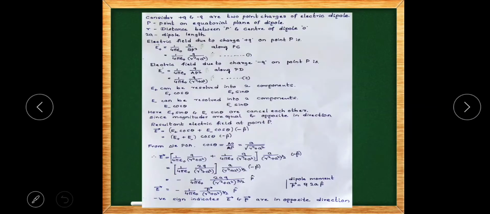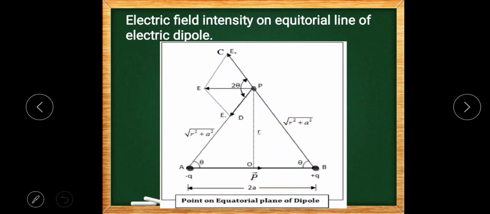Now, the electric field due to charge minus q at point P is E minus equal to 1 by 4 pi epsilon naught q divided by AP square. AP square means what? Here we are calculating the electric field intensity at point P due to charge minus q, hence you have to consider the square of the distance between A and P, that is AP square.